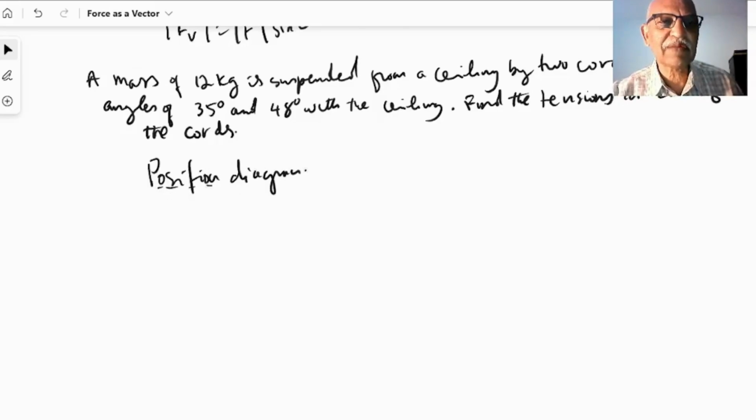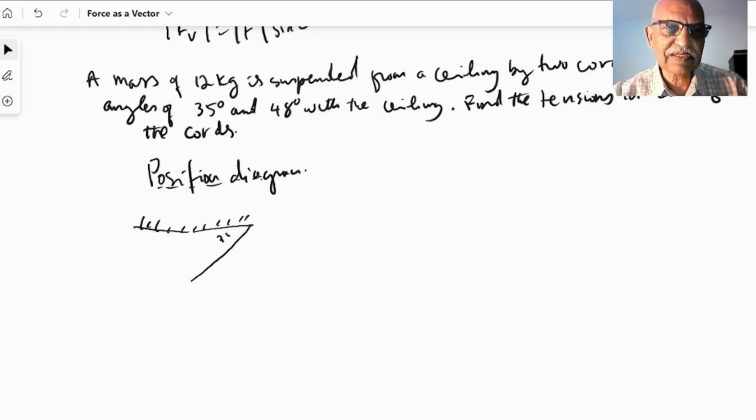The position diagram is, I have a ceiling here. This is a ceiling. Then there is a cord which is 35 degrees with this. Then there is another cord which is 48 degrees.